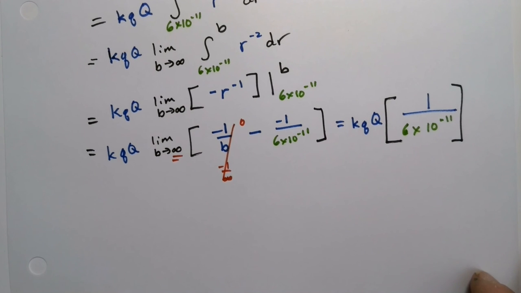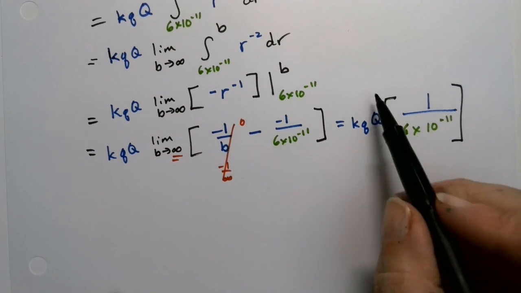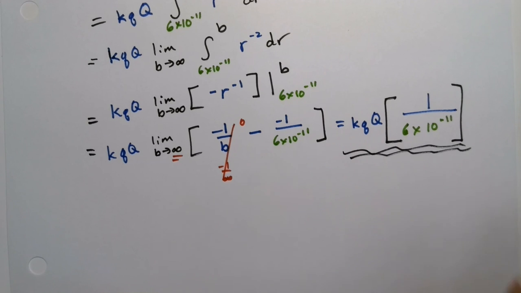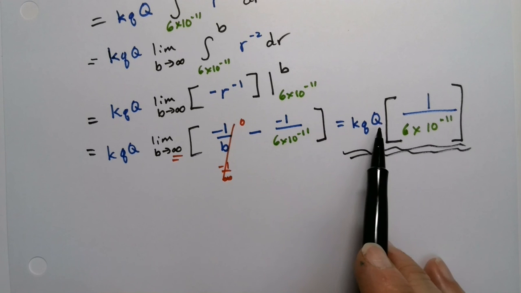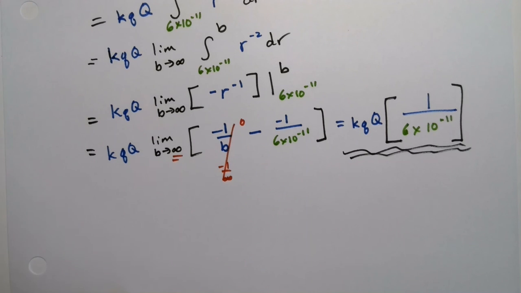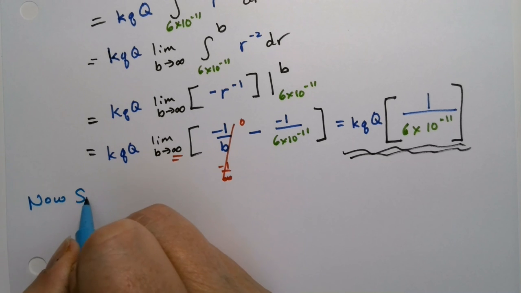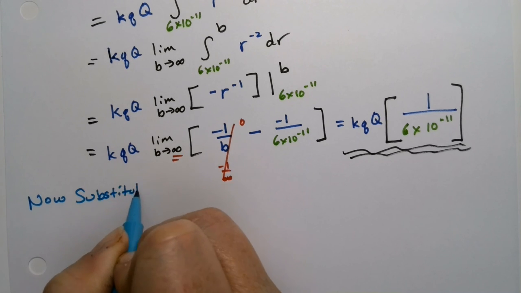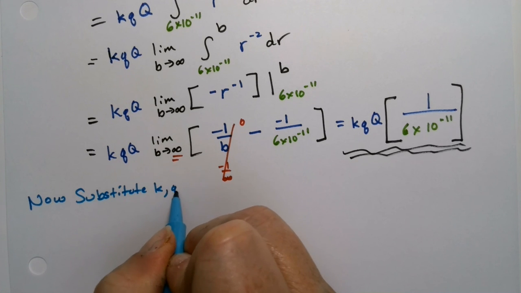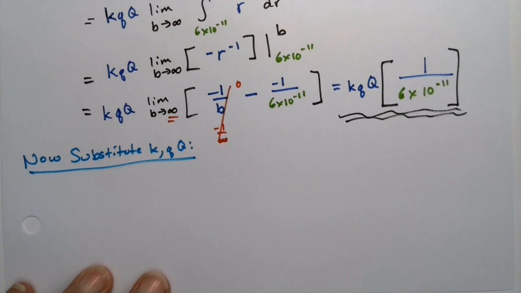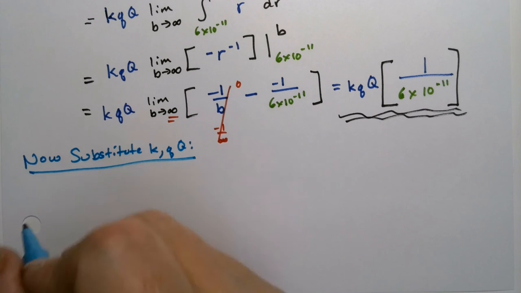Right. So this is the actual formula, right there. So that's the actual formula. I just need to now substitute in my values. So I'm going to now substitute in K, Q, and Q. I held off because I didn't want to deal with these numbers all the way through. And you'll see what I mean when I put them in.